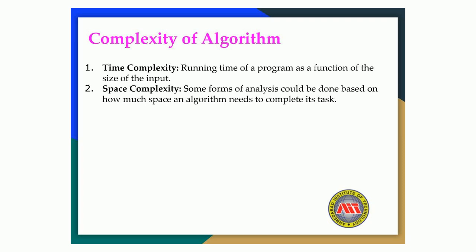In time complexity, it is the running time of a program as a function of the size of the input. What it means is, if the size of your input is 100, the running time will be according to that, but if it is 1000 or 10,000, then according to the size the running time will also increase. So for a particular problem and a particular algorithm, you need to check the time complexity.